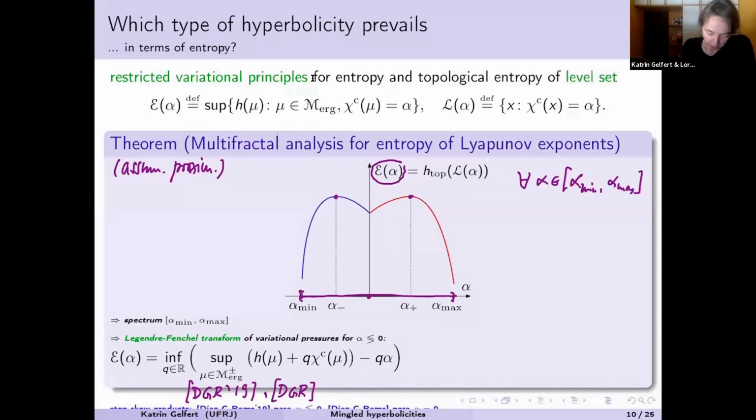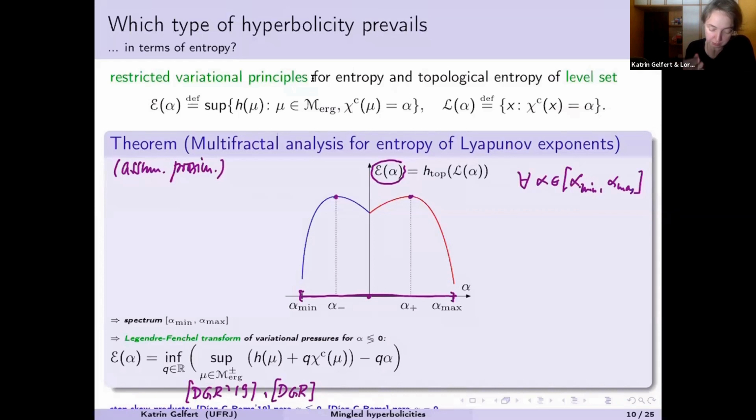Okay. Second, what are the ingredients to prove this theorem? So first, you show that, as I already said, there are many saddles in your system.